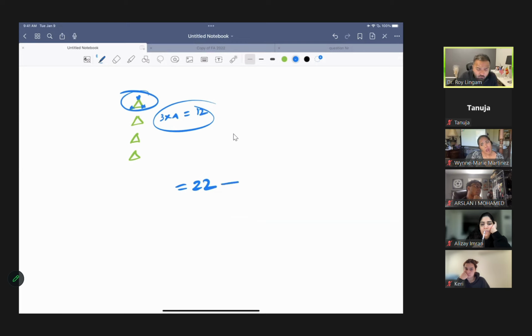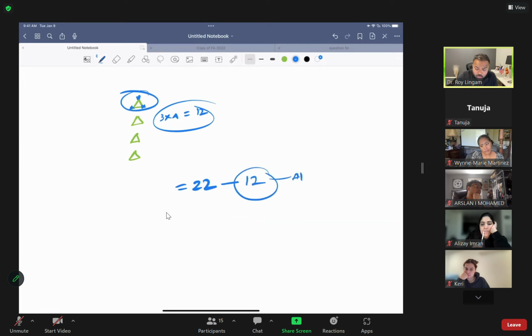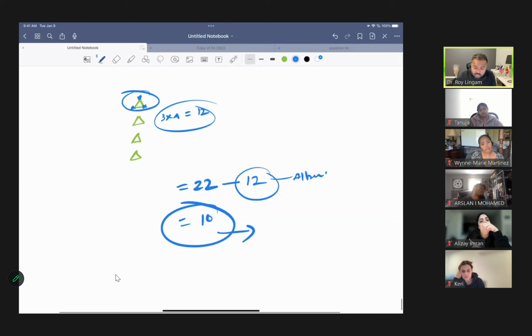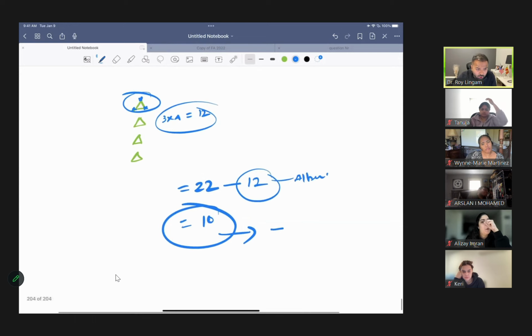From this 12 to 22, I will remove the 12 that belongs to albumin. If I remove that 12, how much balance do I have? 10, isn't it, folks? That 10 means there is a disease happening in your body. They are producing more negatively charged ions. That's why that 10 is there.